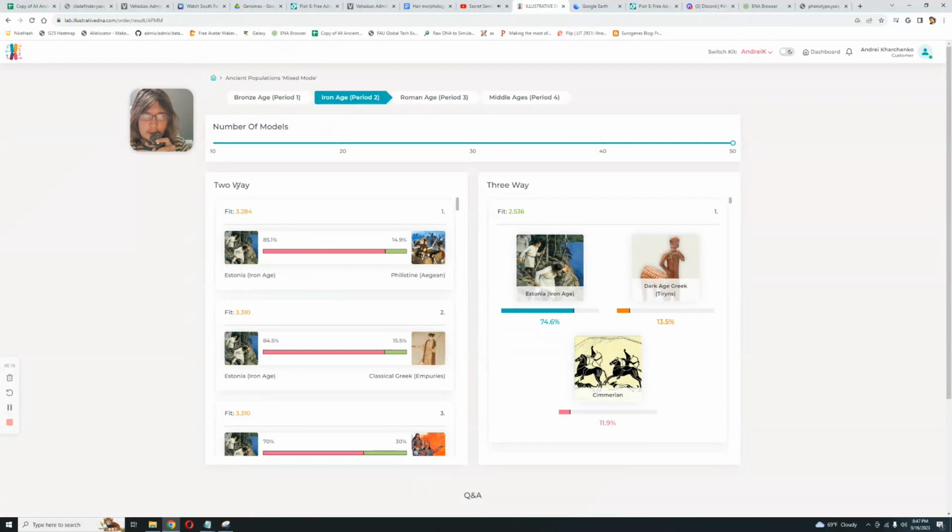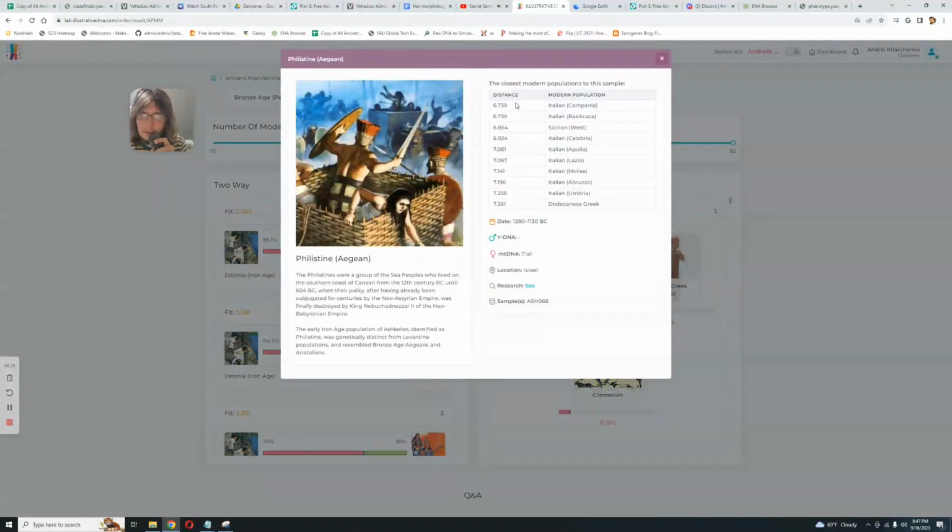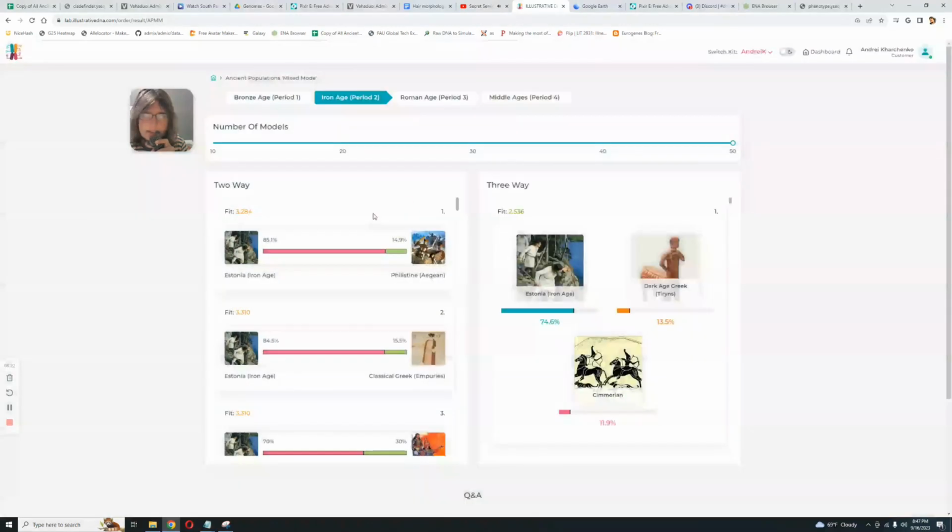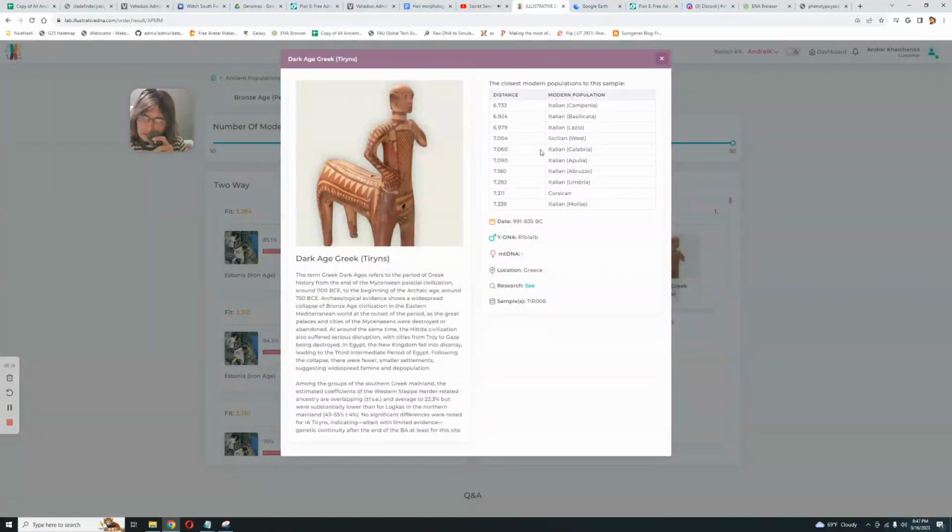And with the two-way, I'm getting modeled as a mixture of that plus Philistine. And Philistine is most similar to various Southern Italians, it seems like. So this is a pretty bad fit. It's not a good fit, but this right here is a better fit. And here I'm getting modeled as a mixture of Estonian Iron Age plus Dark Age Greek plus Cimmerian. What's Dark Age Greek? Okay, it's also most similar to various Southern Italians and Sicilians, it seems like.